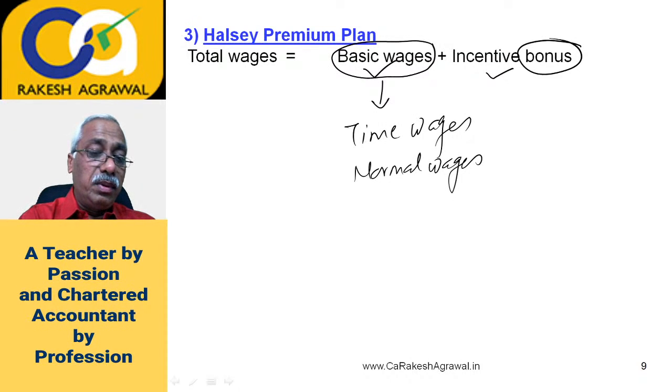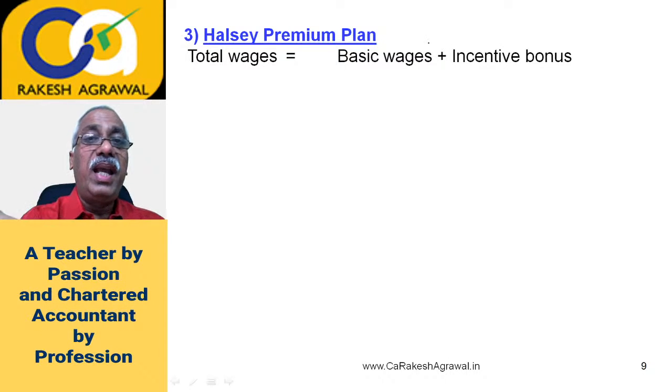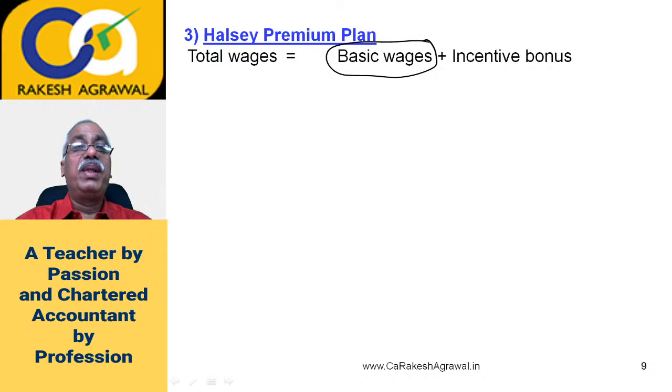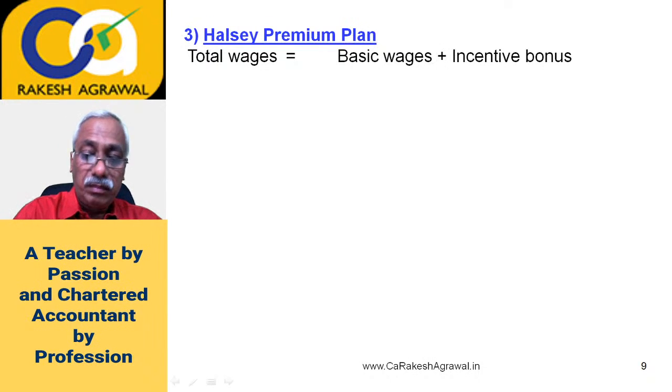So the peculiarity of this method is that everyone will get guaranteed basic wages, and therefore basic wages are also known as guaranteed wages, because basic wages will be paid to every worker irrespective of efficiency, and incentive bonus will be paid only to efficient workers, not to inefficient workers.